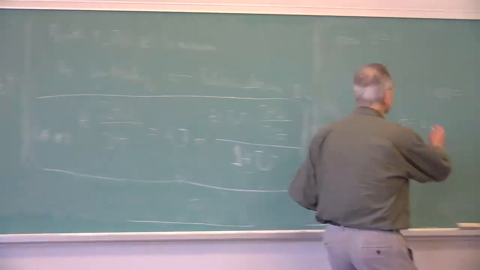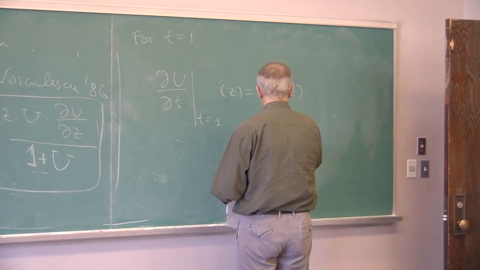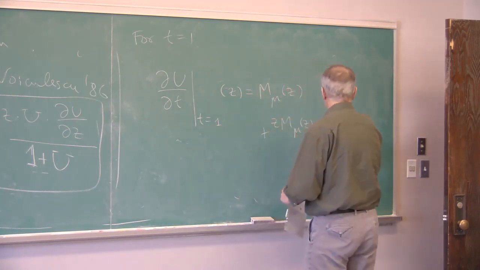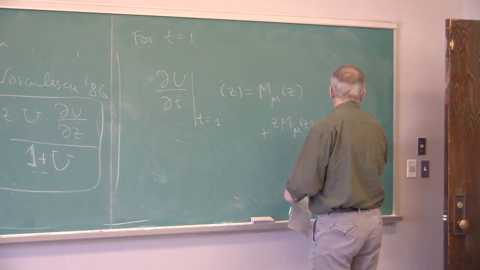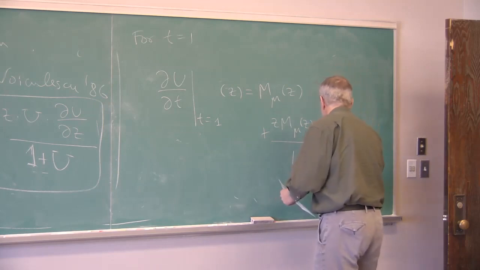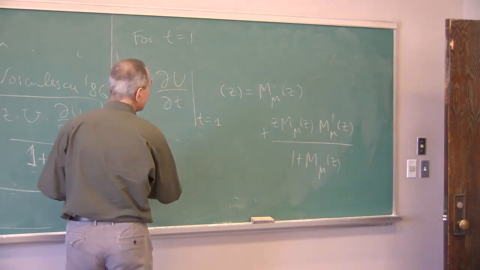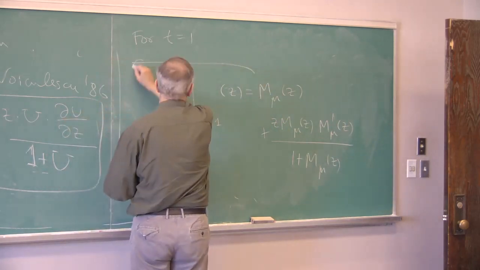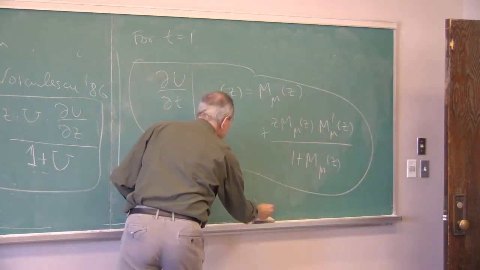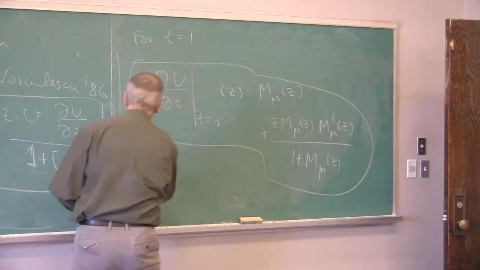So here you get m mu plus z times m mu, derivative with respect to z is the plain derivative m mu prime, divided by 1 plus m mu of z. So double star gives me this, where m mu is a very civilized series. m mu is the generating series of squared Catalan.